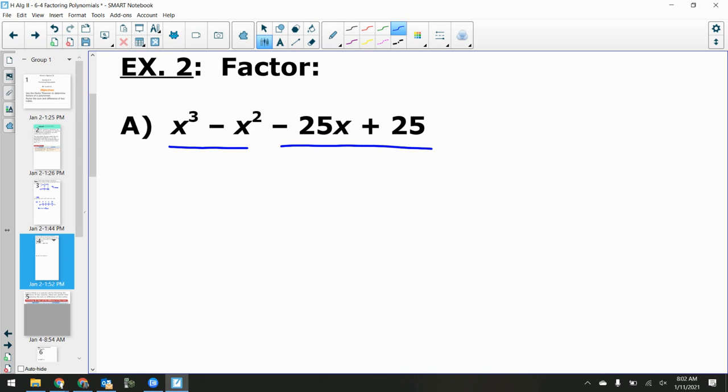Let's see what happens here if we group the first 2 and group the last 2. Well, what's my GCF of my first 2? X squared to leave an x minus 1. What's the GCF of my last 2? 25, right? And since it leads with a negative, I pull out the negative. So that leaves an x minus 1.